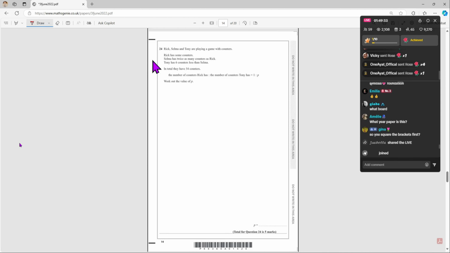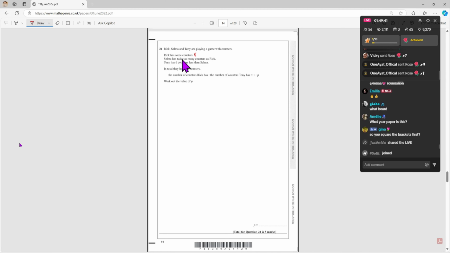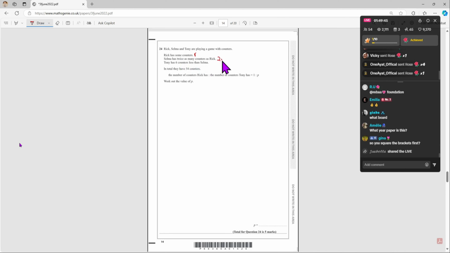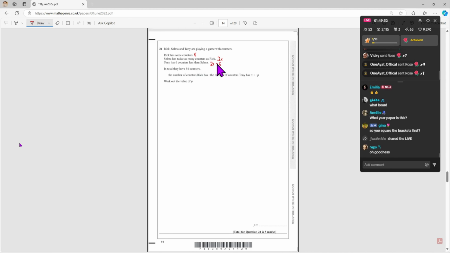So what we're going to do is label Rick's counters as R. We know that Selma has twice as many counters as Rick, so Selma has 2R. Then Tony has 6 fewer counters than Selma, so it's going to be 2R minus 6. Okay?